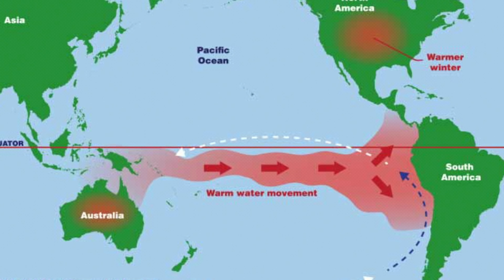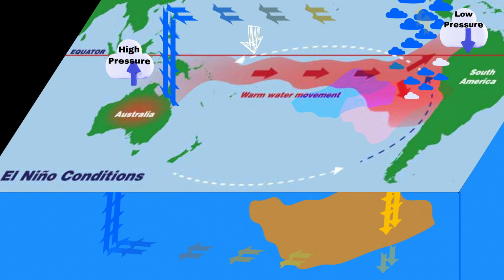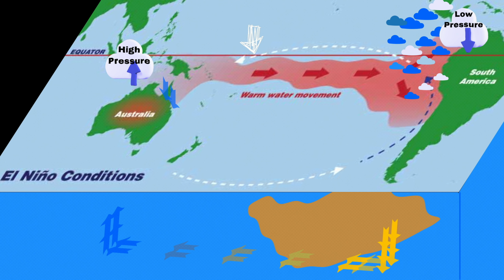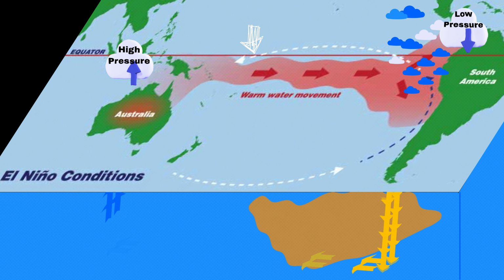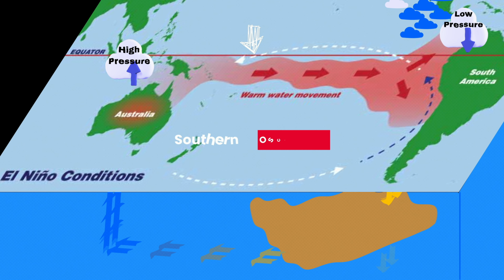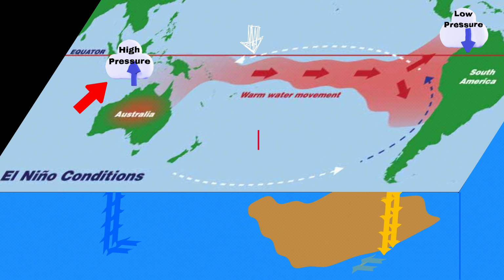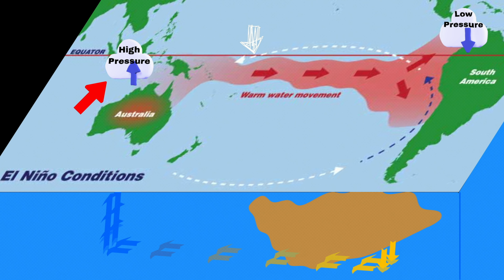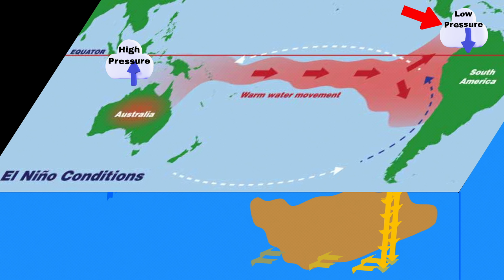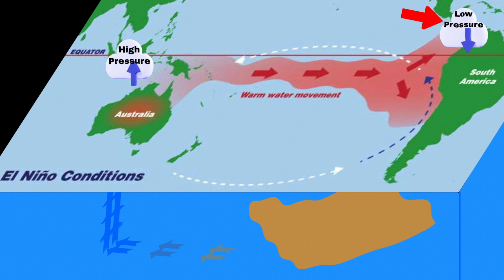extreme weather events. As this phenomenon mostly occurs at the southern hemisphere, just right below the equator, El Nino is sometimes also called southern oscillation. During El Nino, the lower pressure region changes to higher pressure region and the higher pressure region changes to lower pressure region.